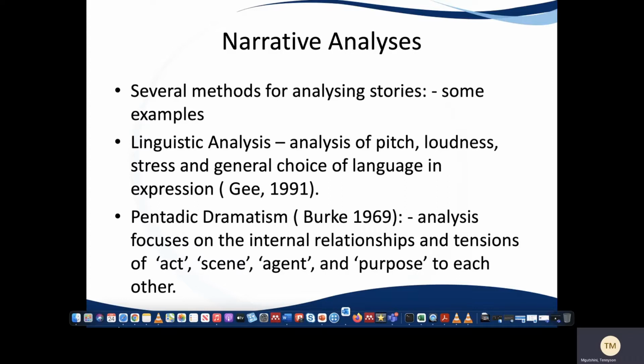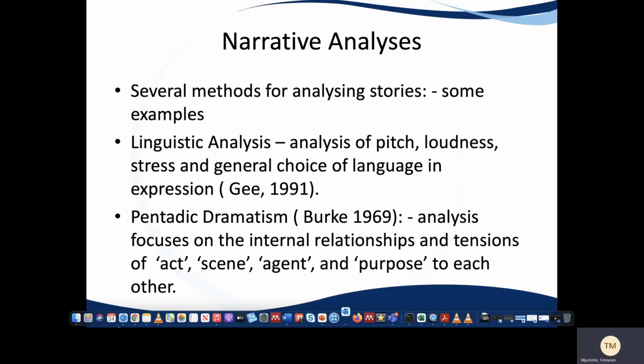Then, of course, there's something that they call pedantic dramatism, and this really focuses more on the non-verbals, and they talk about the internal relationships and the tensions that seem to exist between what it is that was seen, the act, the venue where the act occurred, and of course the agent being the individuals in the story, and the purpose that people perceive in relation to this thing that they're narrating.